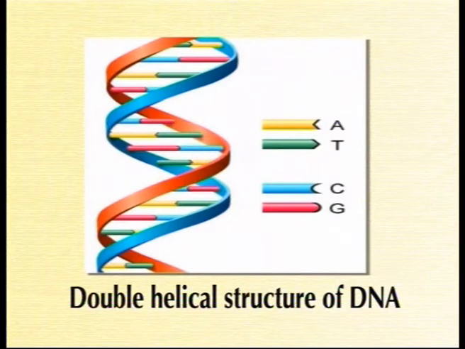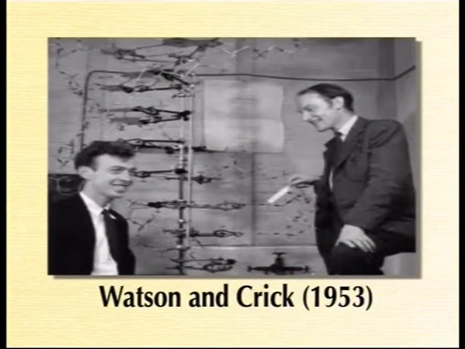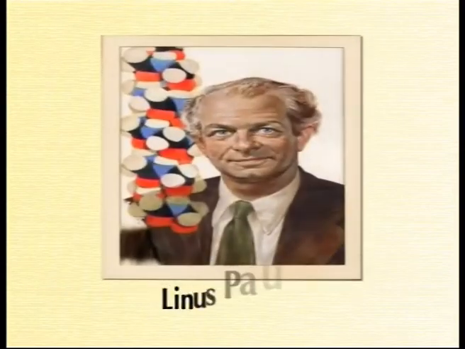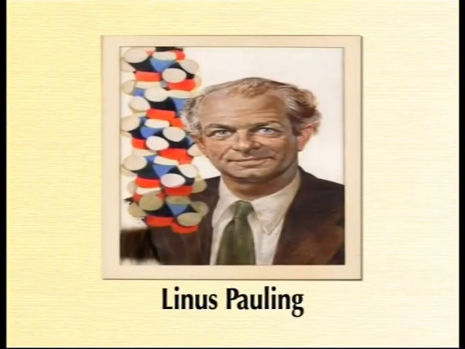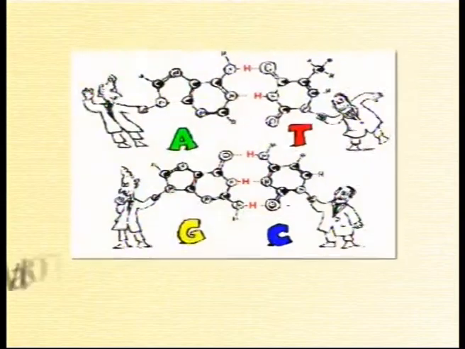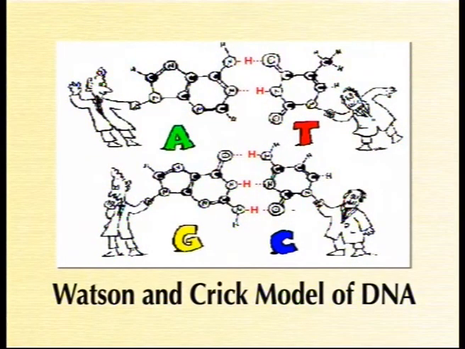The actual model of the DNA double helix was given by Watson and Crick. In 1953, having used the critical information from the work of others such as Rosalind Franklin and Linus Pauling, and by constructing models of their own, Watson and Crick determined the double helical structure of the DNA, including its phosphate sugar backbone, the specific AT bonding, GC bonding, the base pairing of purines and pyrimidines, and the meaning of the intramolecular distances.